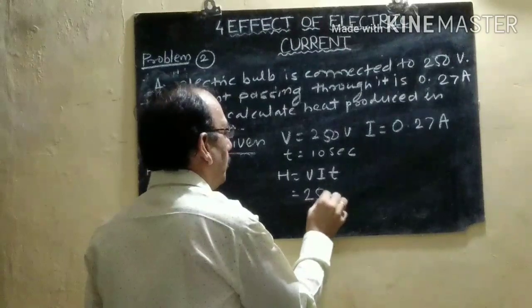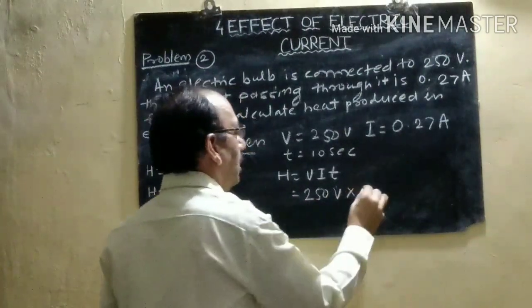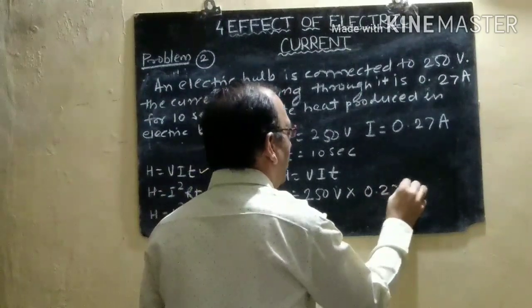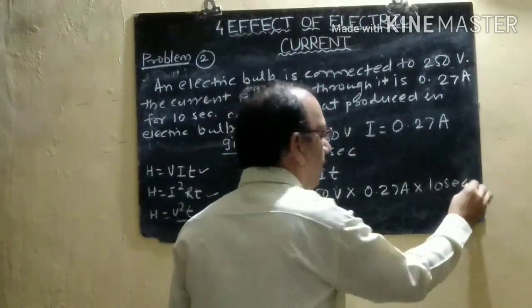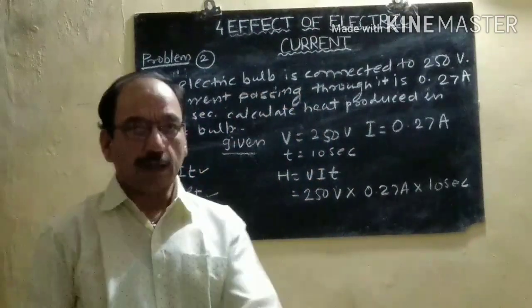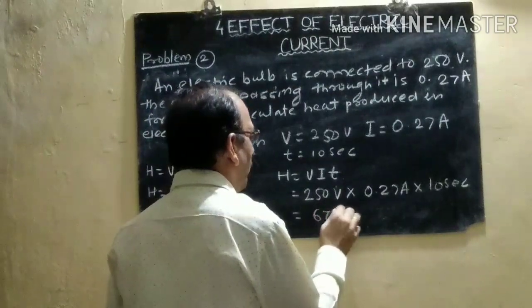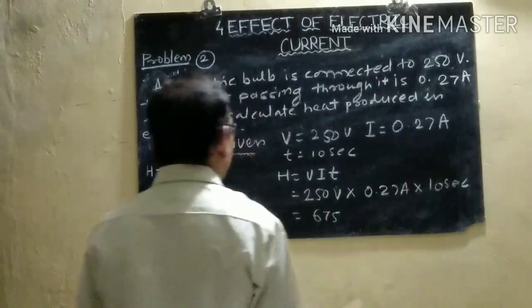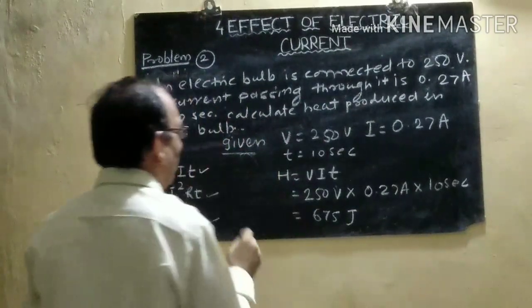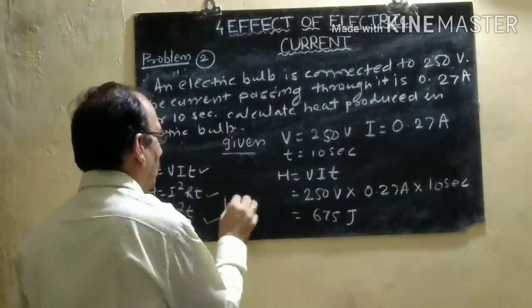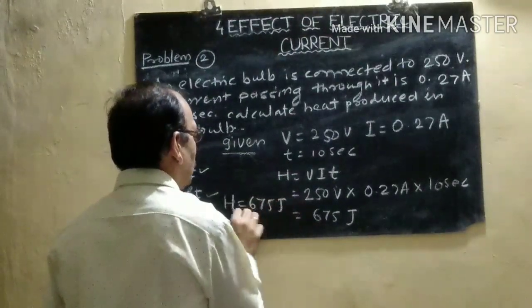The potential difference is 250 volt, the current is 0.27 ampere and time is 10 seconds. By multiplying all these quantities, we get the value 675 joule. The heat produced in the electrical bulb will be H is equal to 675 joule.